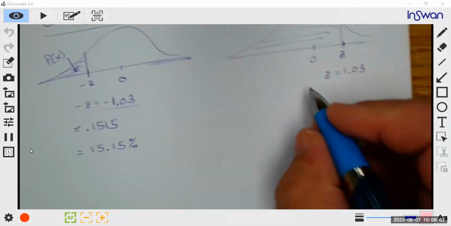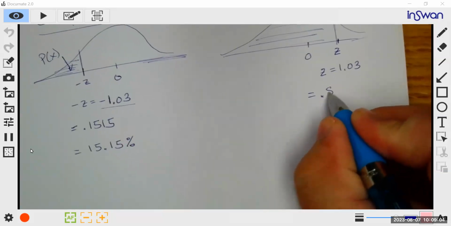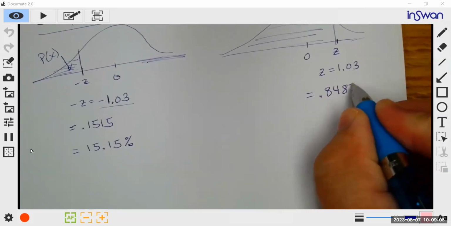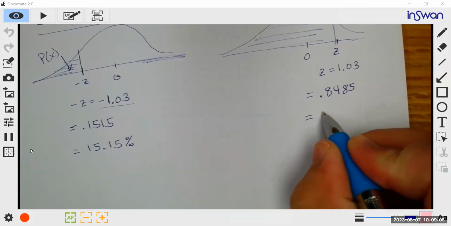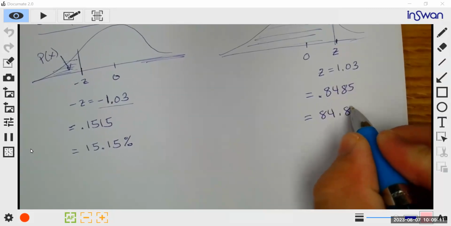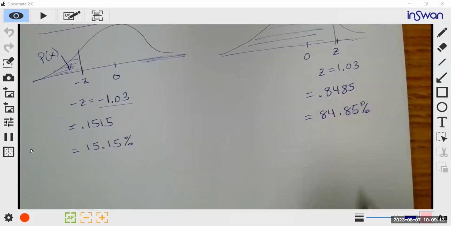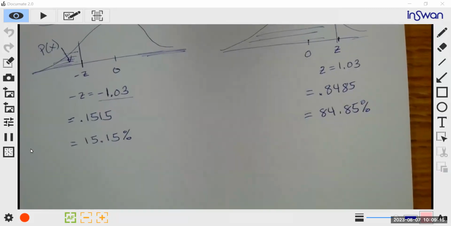So for this one, the answer is 0.8485, or that means 84.85% of the data points are below it. So far, so good.